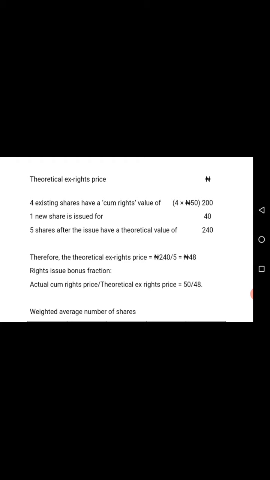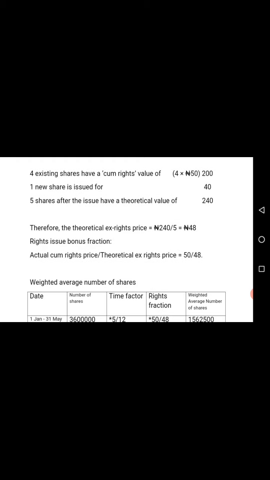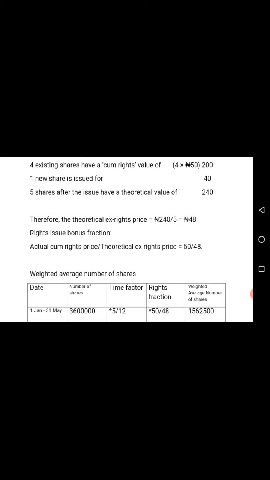To perform further calculations, we have the actual cum-rights price of 50 naira, the original price before the issue, divided by the theoretical ex-rights price, which we've gotten as 48 naira here.